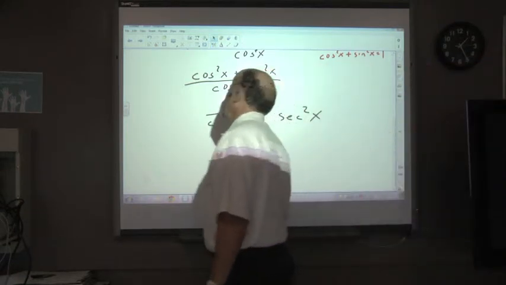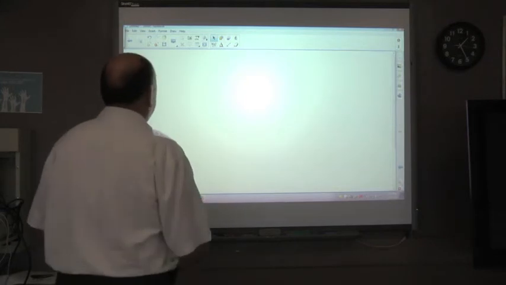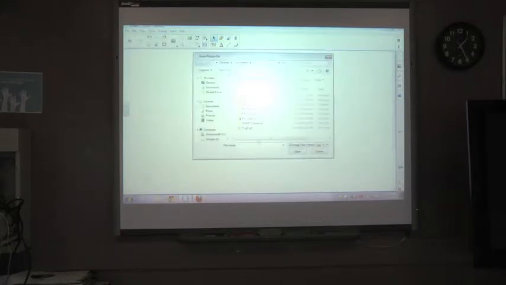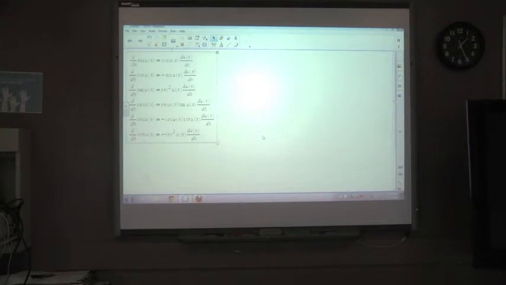So in terms of the derivatives of all 6 trig functions, we have a table that has them all on there. This is my list of derivatives for all 6 of my trig functions.